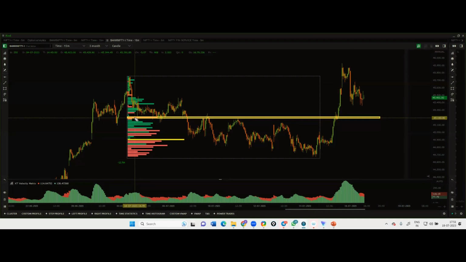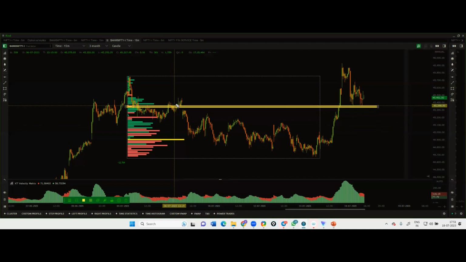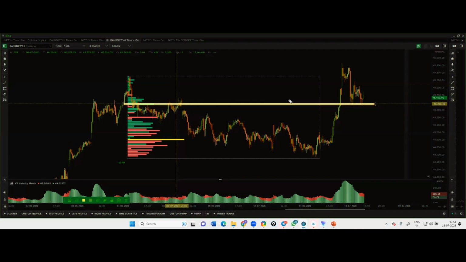Simple. Now, when price is again coming down, if you look at it, where did it actually find trouble? Going below at this location. Why? Initially, during this particular down move, a large position was placed here.